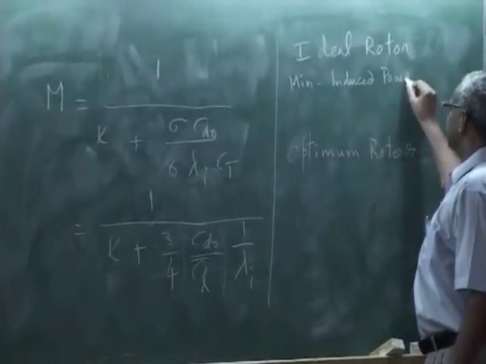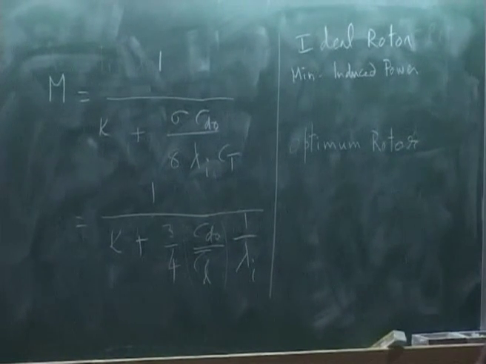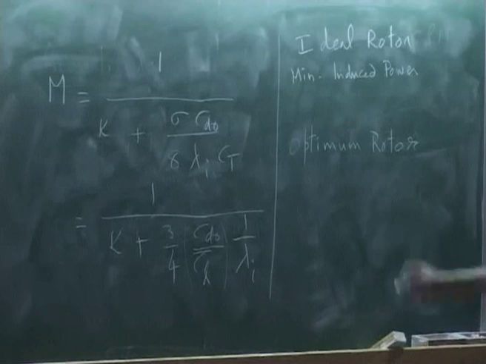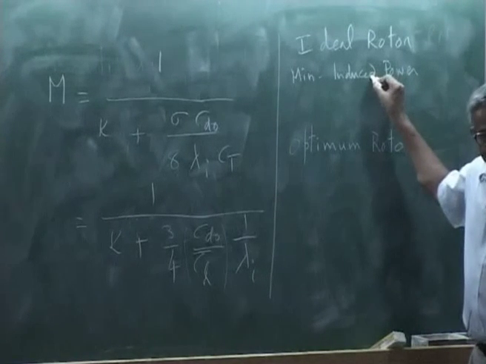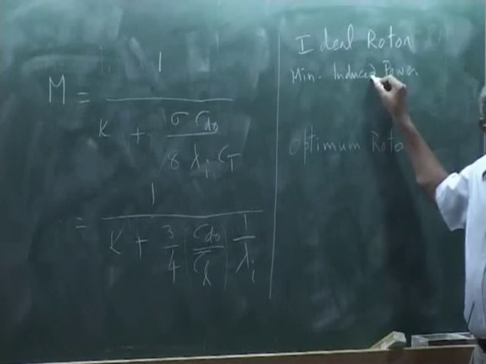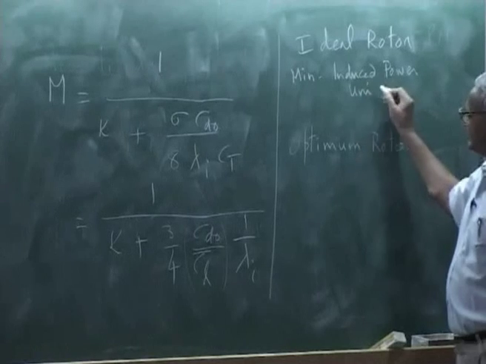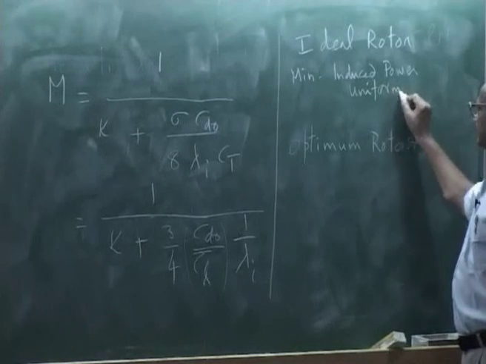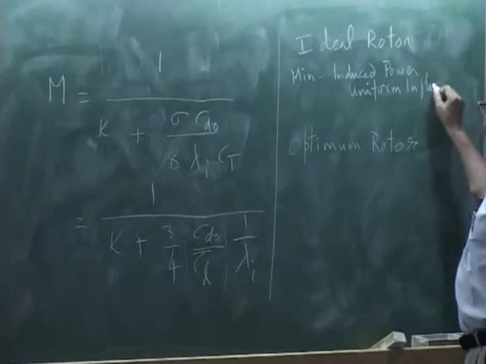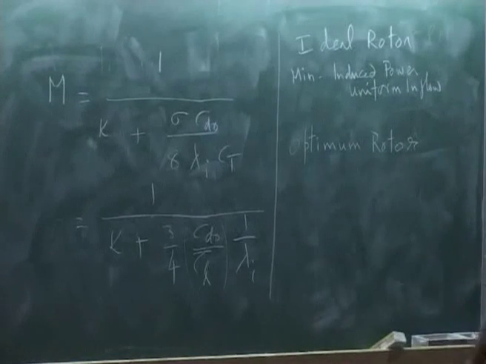That means you will have it only when you have constant inflow, that is, uniform inflow over the disk. You may put uniform instead of constant, I will say uniform inflow. And this will give you ideal twist.